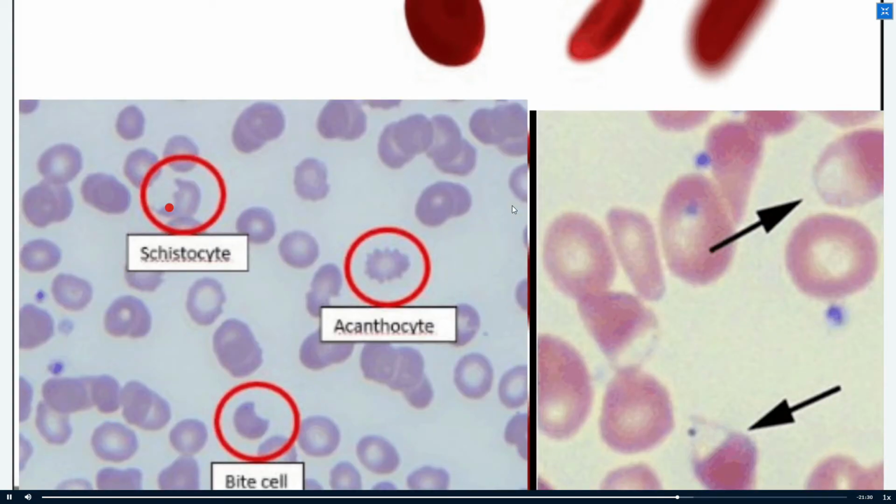So this is your schistocyte. This one would be your helmet cell. This one would be your pycnocyte.